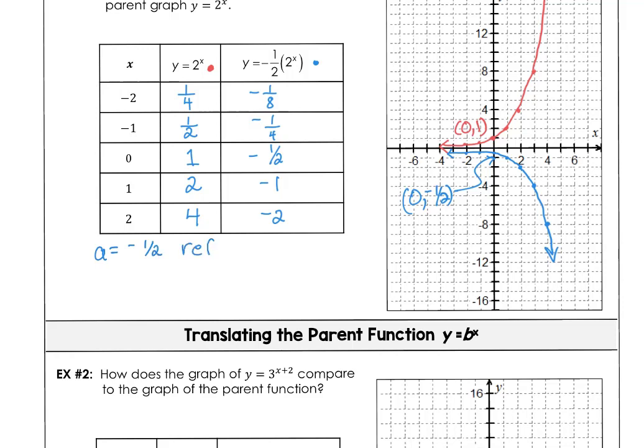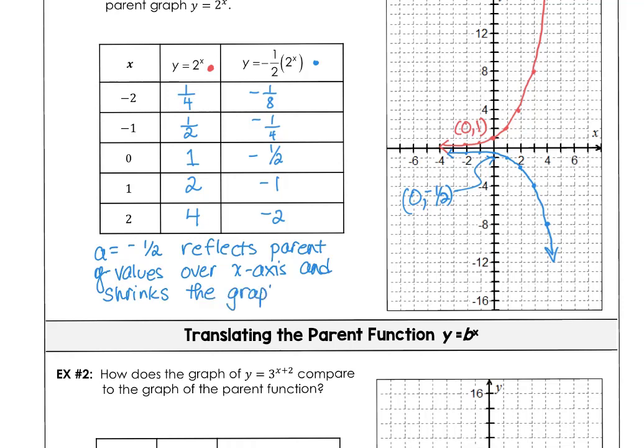That a value reflects the parent graph y values over the x-axis, and it also acts as a shrinking factor, and it shrinks our parent graph by 1/2.